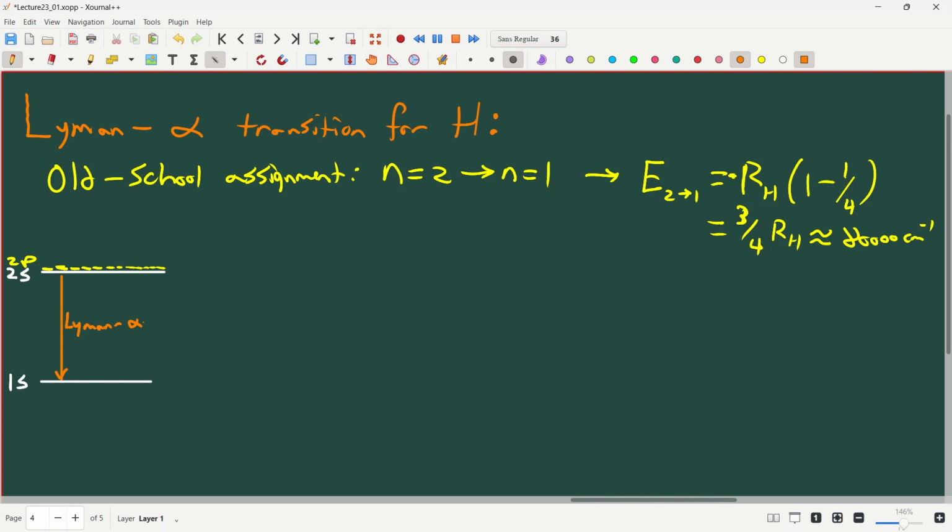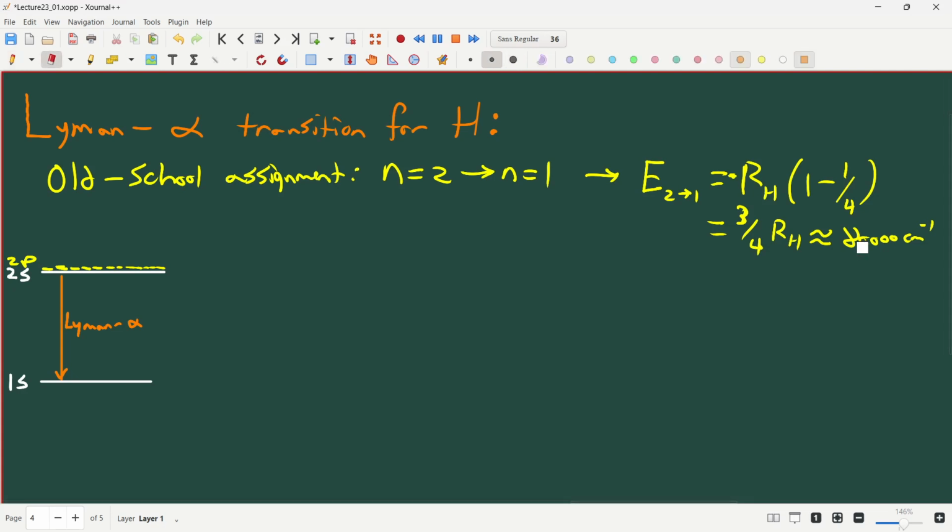Is that 100,000 wave numbers for 3/4 of? No, it's closer. It's 80,000. The actual number, I'll tell you exactly what it is. I wrote it down on the previous page. Basically, it's the difference of the two frequencies of the two spin-orbit states. I've lost my page.